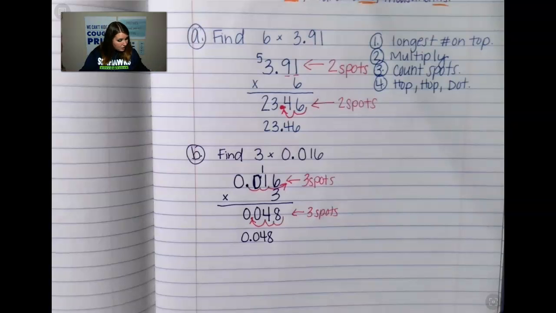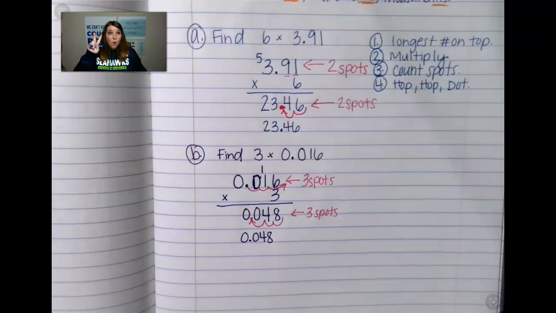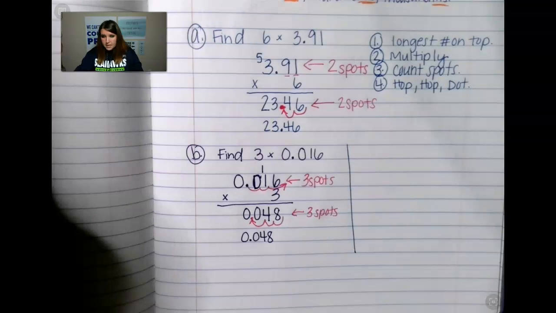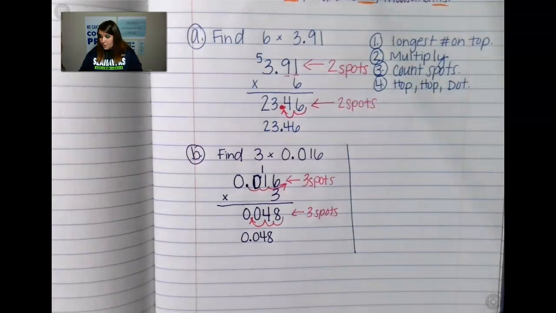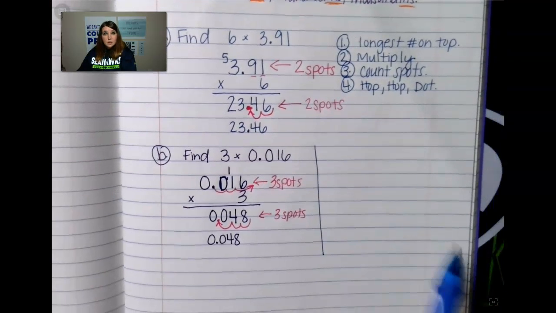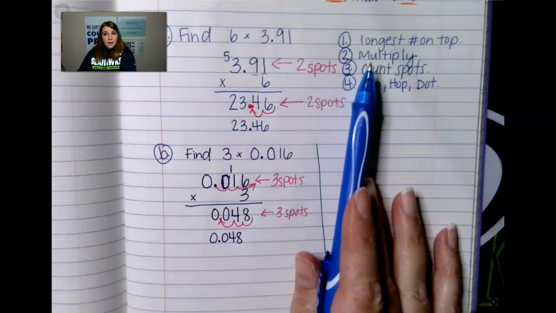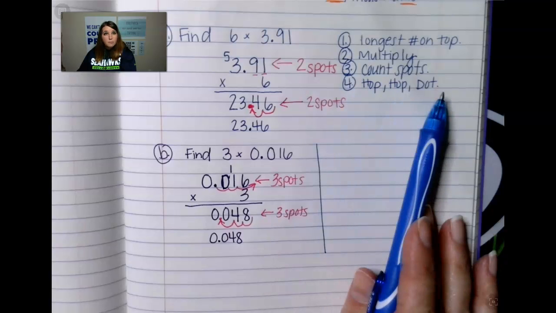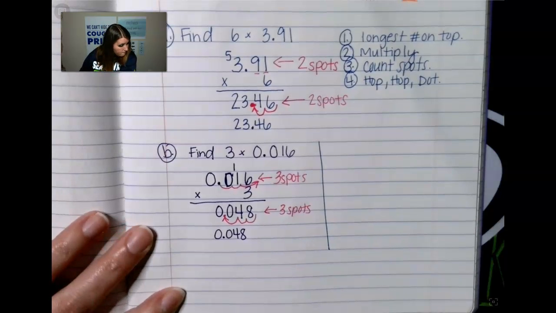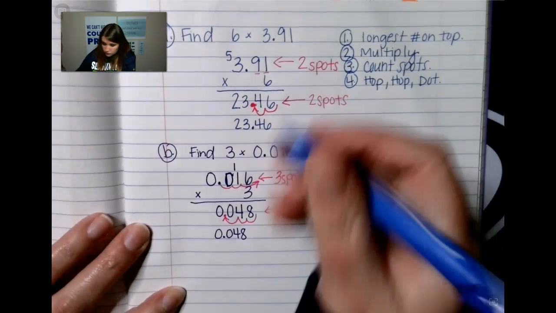Okay, let's do one where they give us a whole number with 2. I'm just going to draw this line right here, and we're going to follow the exact same process as we did up above. Same steps: longest number on top, multiply, count the spots, hop, hop, hop, and then a dot if you need one.